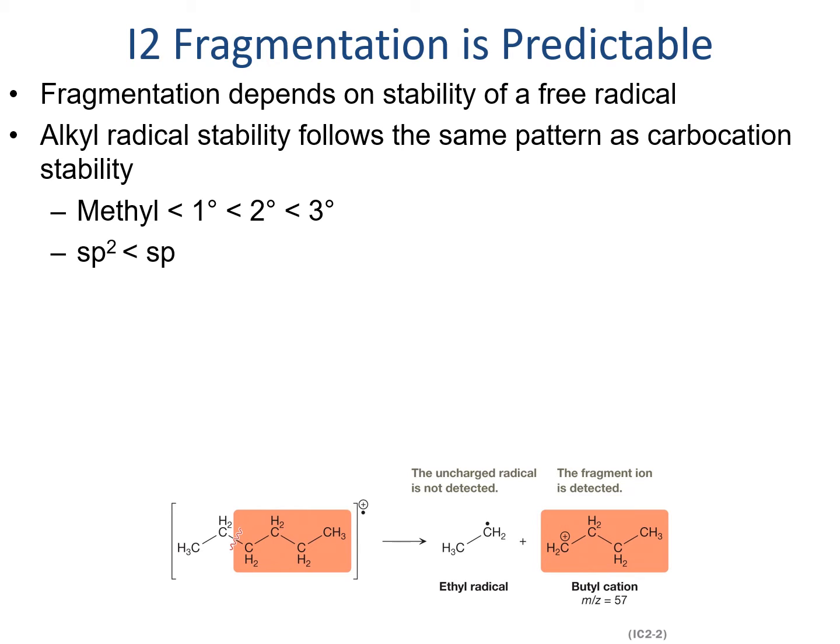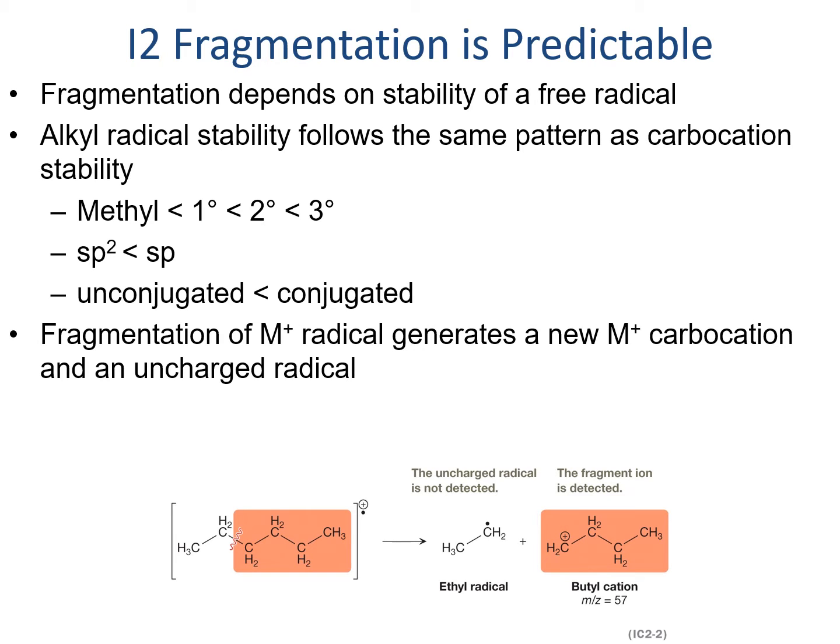And we also see that there's a difference in stability between sp2 and sp hybridized orbitals, and also between unconjugated and conjugated, where conjugated is much, much more stable. The same as carbocation is much more stable if it can be spread between multiple locations. Whenever we have a mass plus peak, it's going to generate new mass plus carbocations and uncharged radicals as it fragments.